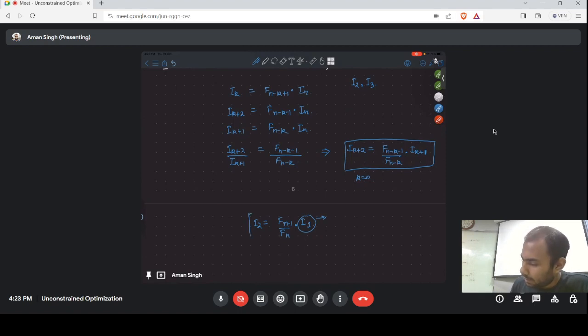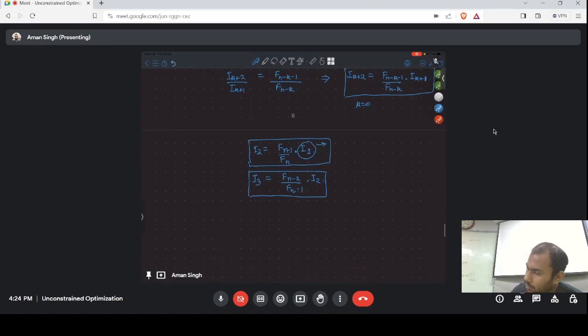So I2 can be written in this way. And what is I3? I3 will be F(n minus 2) upon F(n minus 1) into I2. So this is I3. Okay, so the first interval we know, and I2 we already know.